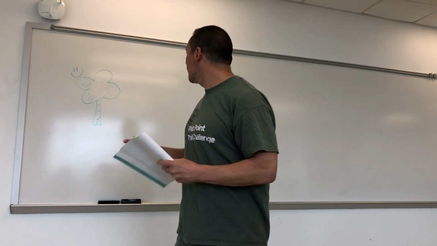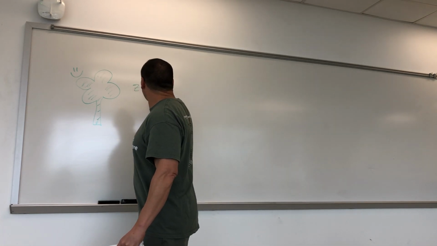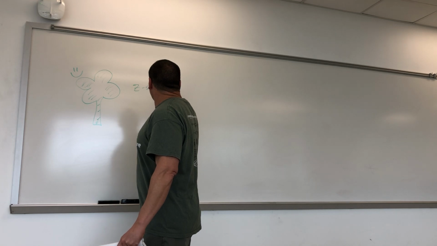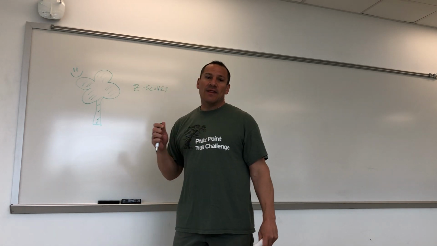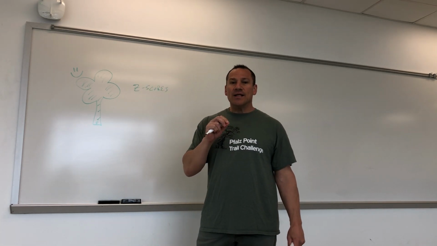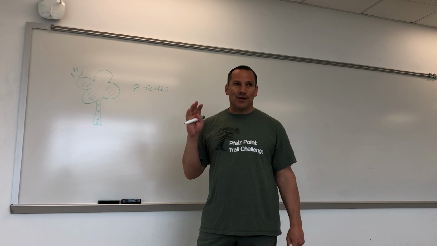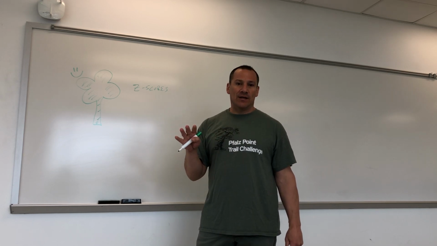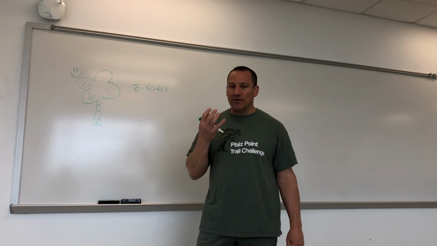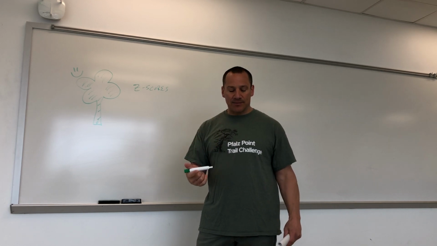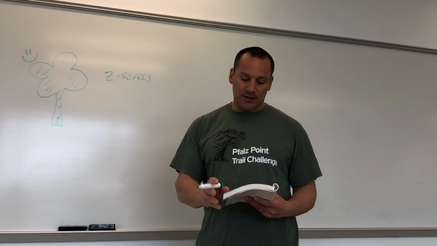And that stuff's all going to come into play with standardized scores, or what we also call z-scores. And you will see that z-scores end up being the basis for almost everything in the upcoming chapters. It's a very foundational concept in statistics.